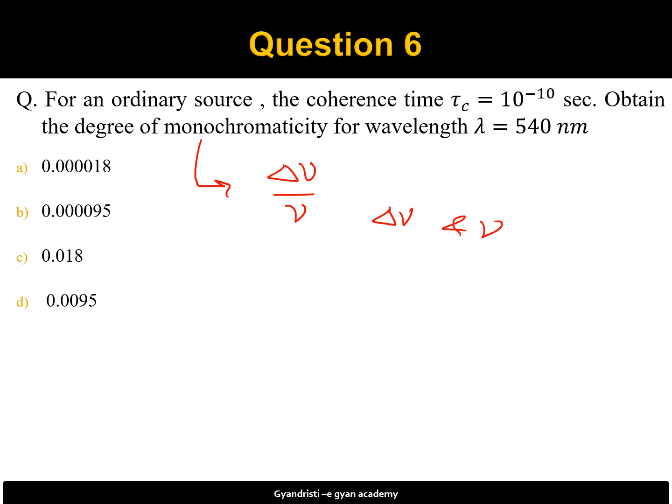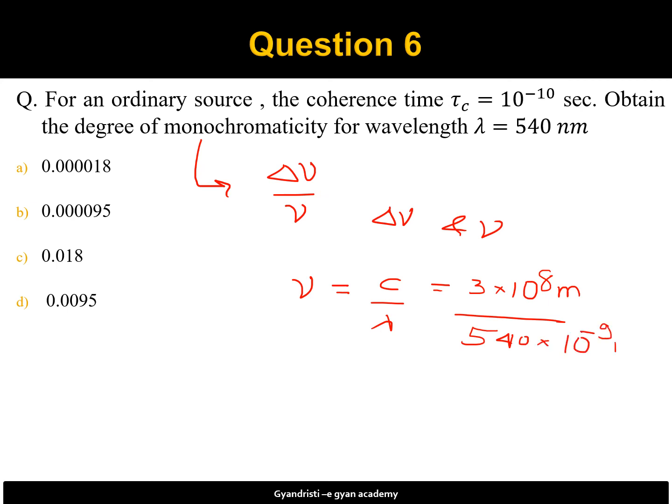So wavelength lambda is given as 540 nanometers, so nu can be calculated as nu is equal to c by lambda. C is 3 into 10 to power 8 meter per second, and lambda is 540 into 10 to power minus 9 meter.